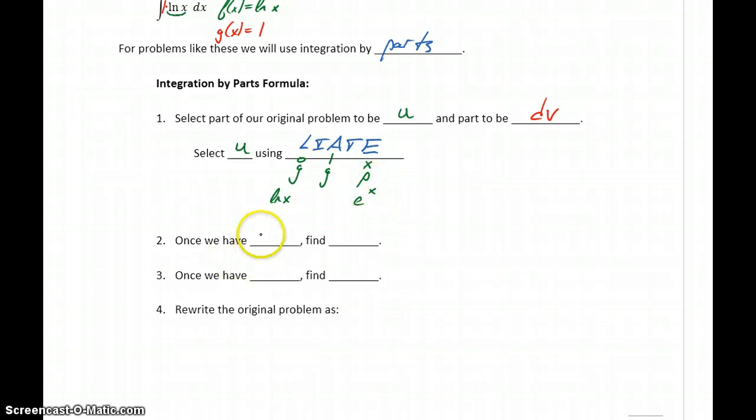So once we have u, then we'll find du, and to find du, we'll find du dx, what that's equal to. So u is going to be substituted for some expression. We'll take the derivative of both sides of that. Once we have our statement, our expression for dv, we'll find our value for v, and we'll get that by integrating dv, or if we want to, we can think of that as integrating 1 dv.